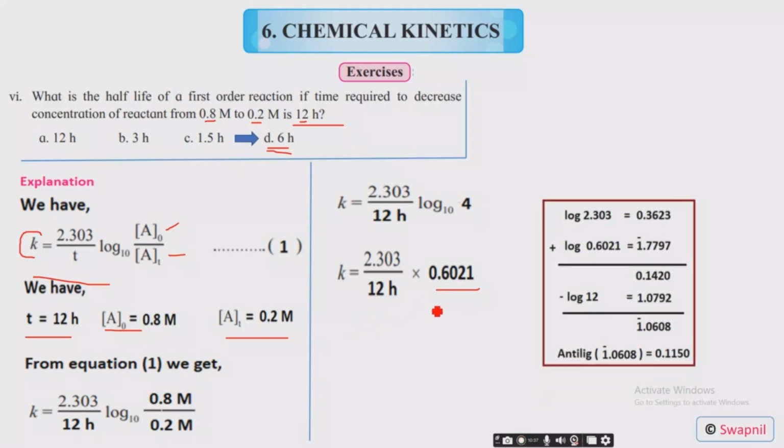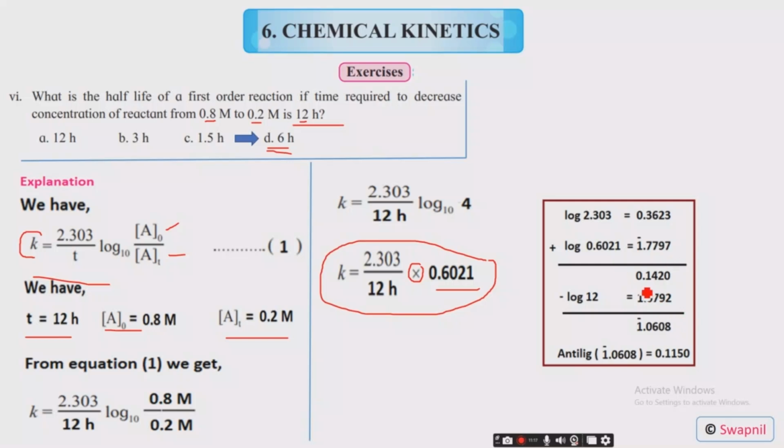Now we have to calculate these values by using logarithm. So log of 2.303 has characteristic 0, and the mantissa for 2303 is 3623. Here is the multiplication of these two values, so we have to add log of 0.6021. 0.6021 has characteristic bar 1 and its log is 7797.